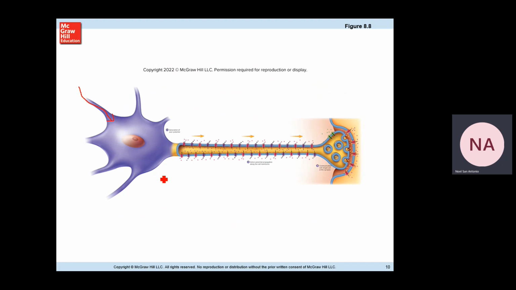And then the propagating part of the neuron is your axon. The axon conducts the action potential to the different parts of the neuron. And action potentials are a result of changes in the electrical charge across the cell membrane, right?